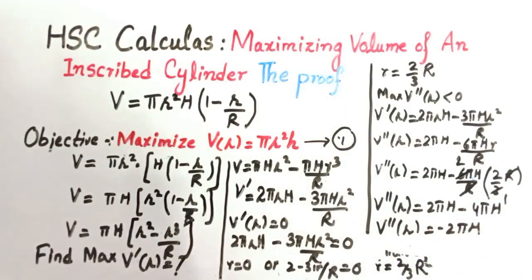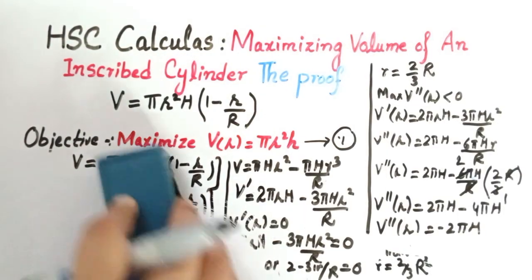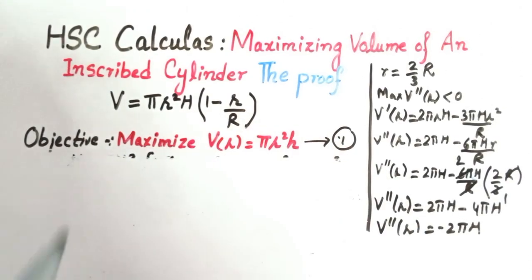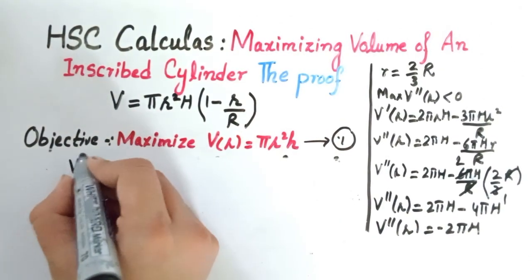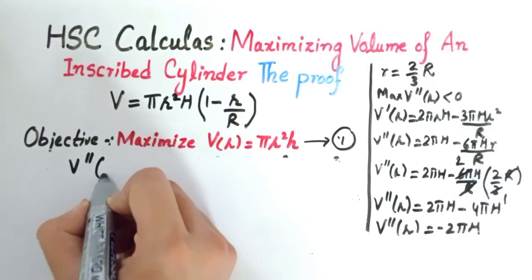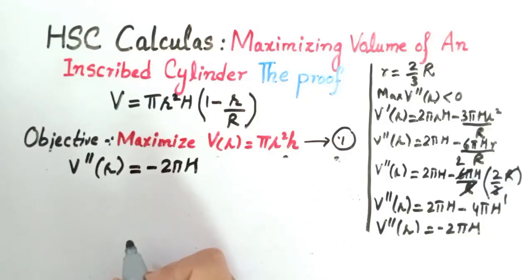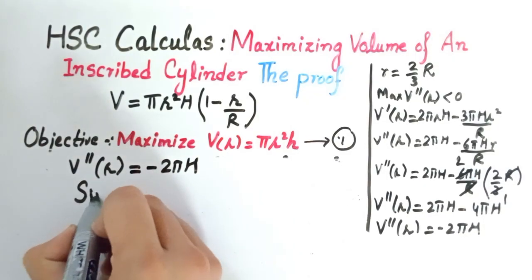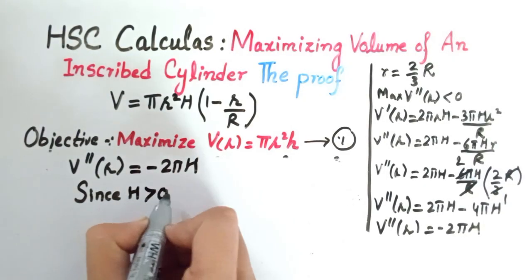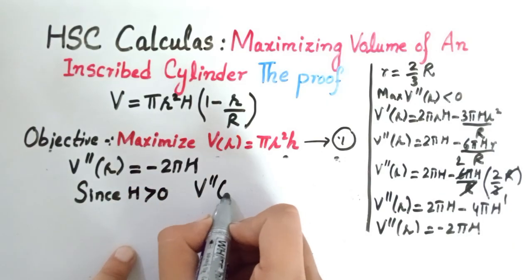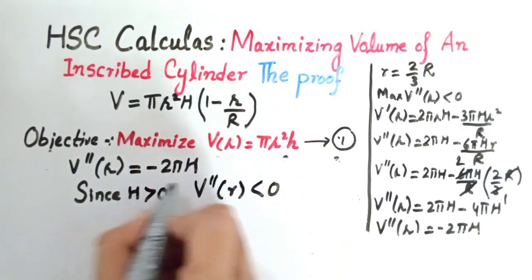Now we will conclude here. What will be the conclusion of this result? We write our final result here, that we get double derivative of r equals minus 2 pi capital H. Now you know that height is greater than 0, but here this is negative, it means double derivative of r is less than 0.